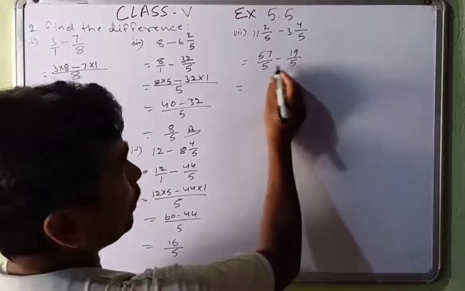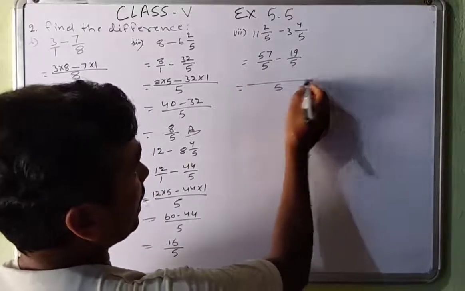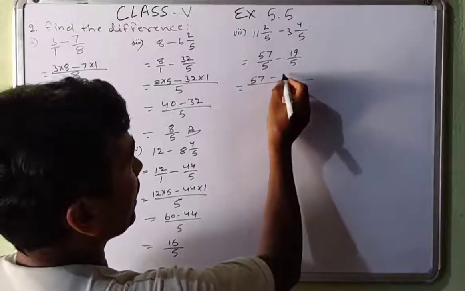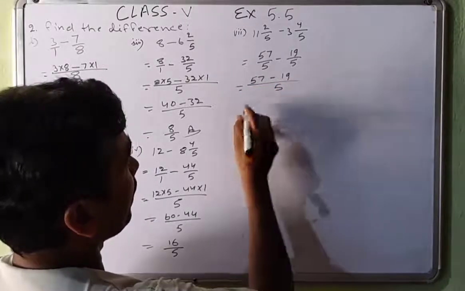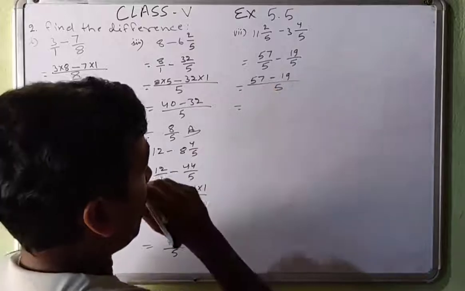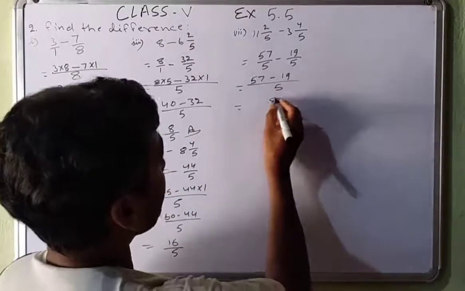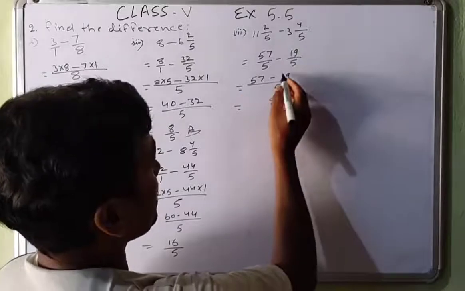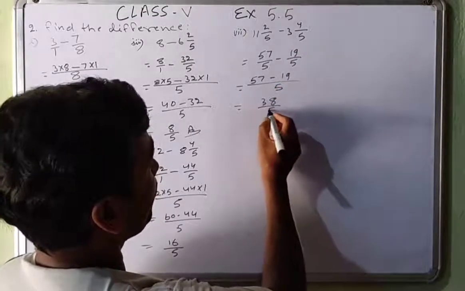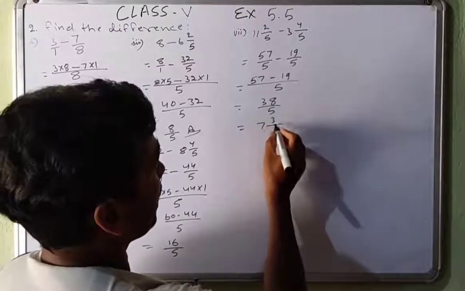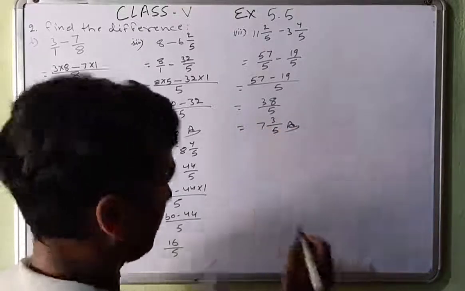You are looking here, both denominators are the same, so you will write it like this as the LCM. And then 57 minus 19 and subtract both. 17 less 9, that is 8, and then 4 less 1, 3 upon 5. And then in mixed fraction, 5 sevens are 35, 3 left, this is the answer.